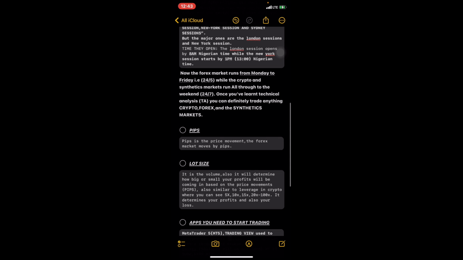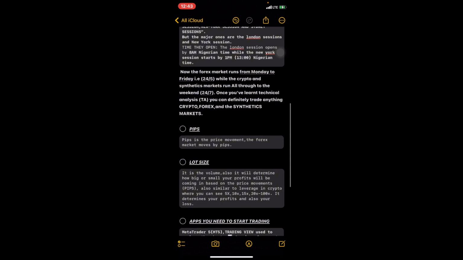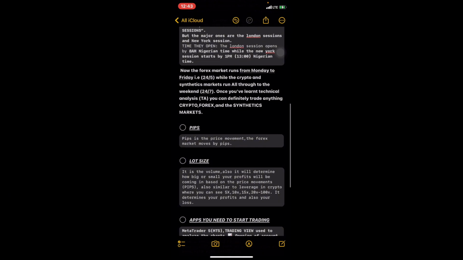But there's also one forex market that is simply, I'll call it a simulated forex, because the way it works is based on past events. That's the way I see synthetics. It's called synthetics. It runs 24/7, just the same way we have crypto. That's the synthetic market.